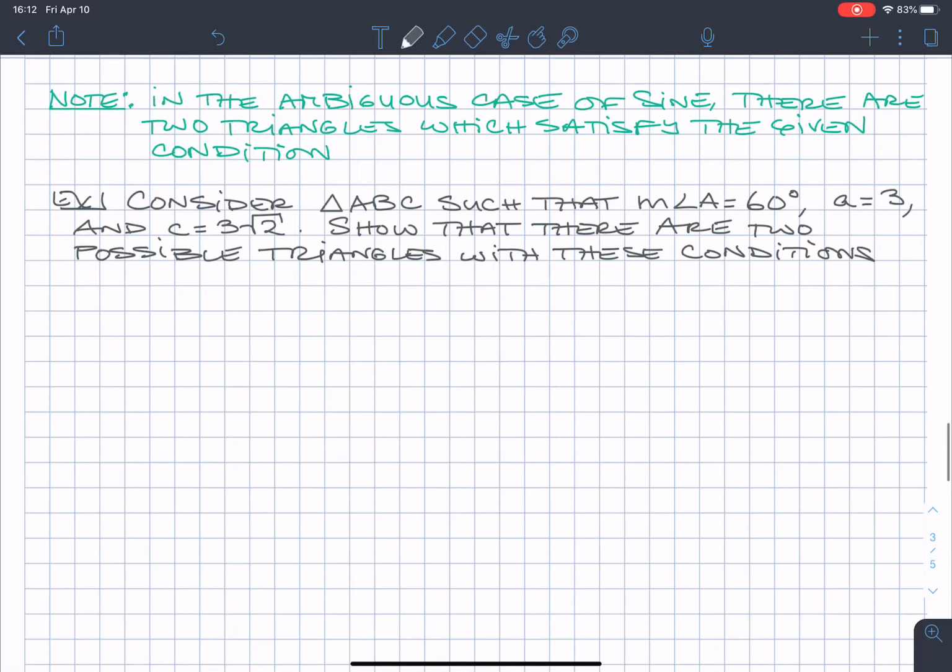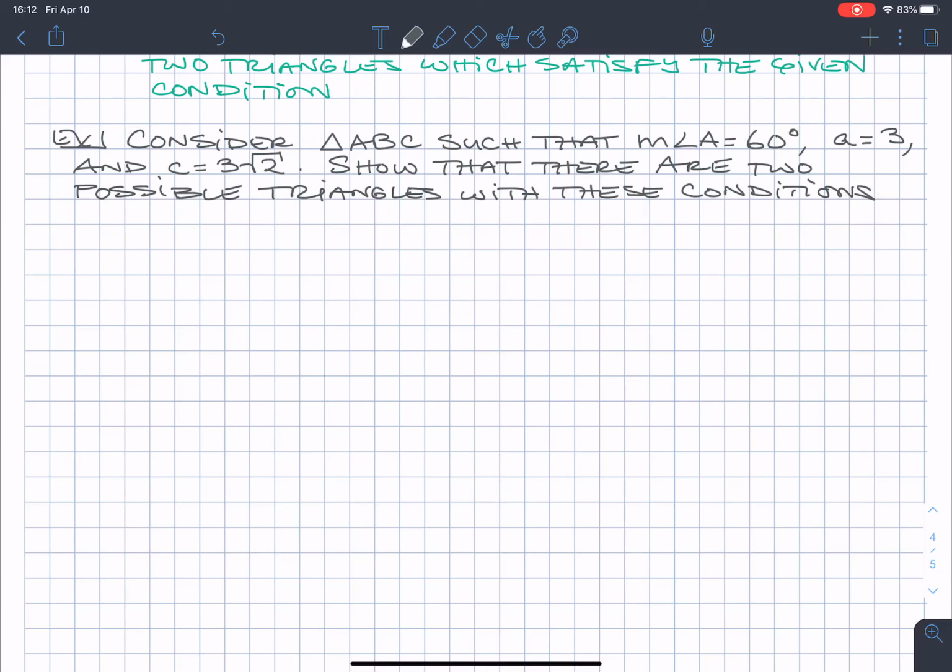Okay, so let's go ahead and draw a triangle. Any random triangle, because of course there's going to be two of them. So I guess this should be C, should be A, this will be B.